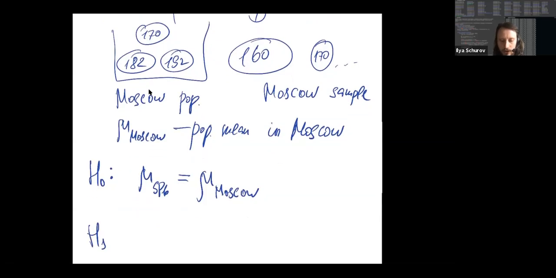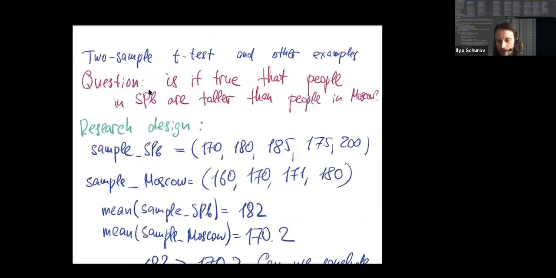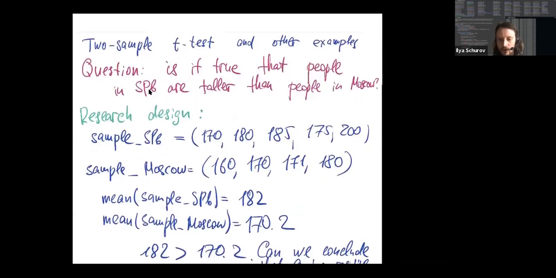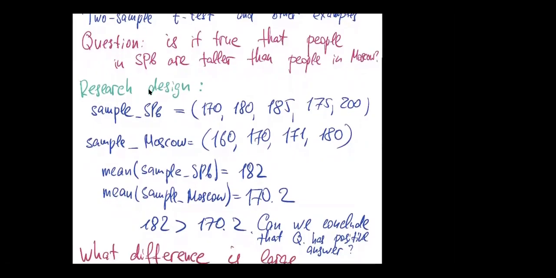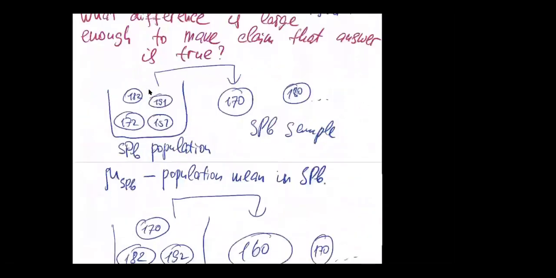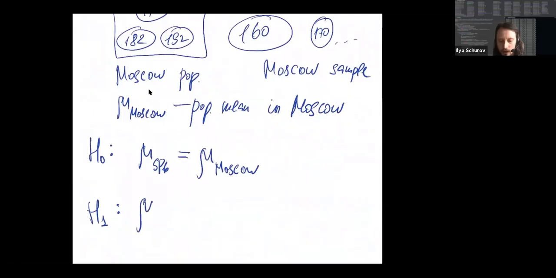And what is the alternative for this research question? People in St. Petersburg are higher than people in Moscow. Yep. Exactly. Actually, an alternative is just a research question stated in terms of an assertion, not a question. So the alternative is usually the thing that we want to prove.